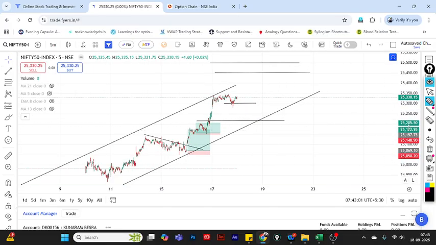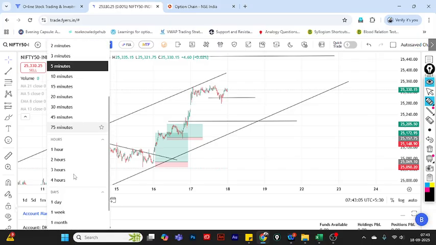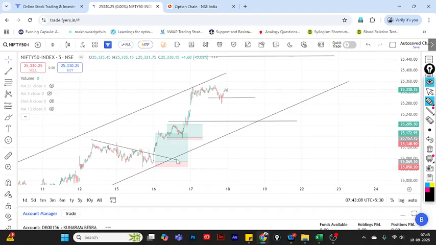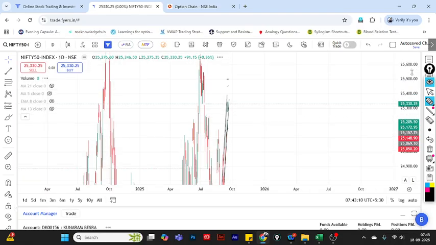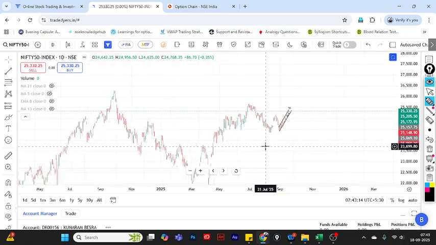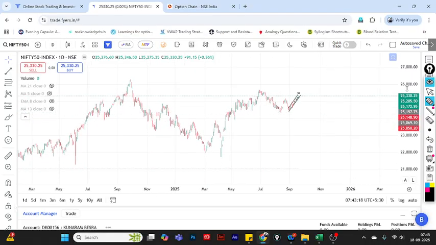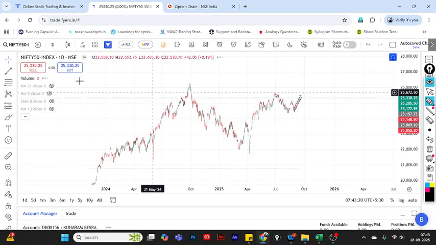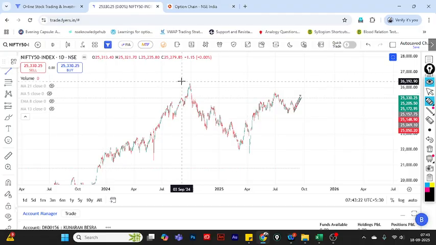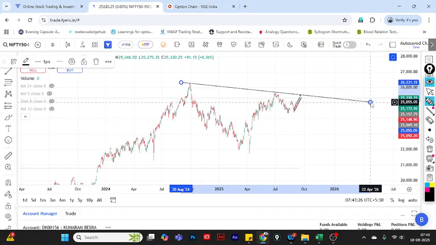Okay, fine. So let's jump into the bigger time frame, the daily time frame, and draw resistance and supports as per the bigger time frame. Always try to analyze in multiple time frames. If we draw a trend line from this level, this is our upper trend line.